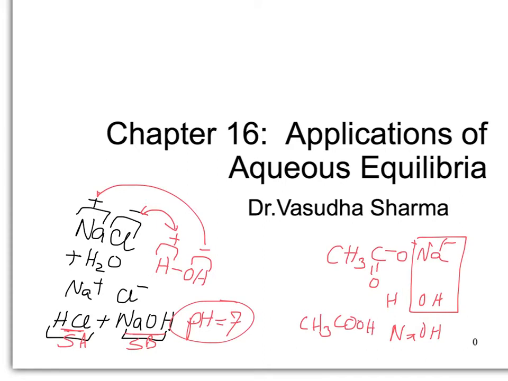And of course, sodium hydroxide is going to completely ionize because this is a strong base. Acetic acid is a weak acid. And so in that case, the overall pH is going to be greater than 7 because your base is strong. Likewise, if your acid is strong, your pH is usually less than 7. And if it is a weak acid, weak base, then you really have to depend on the values of Ka and Kb.